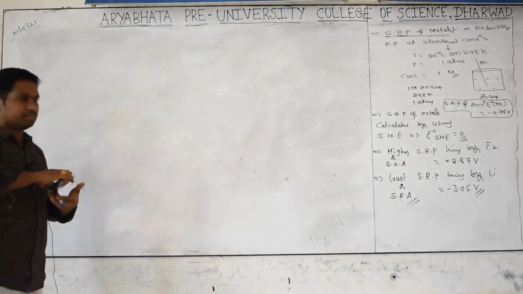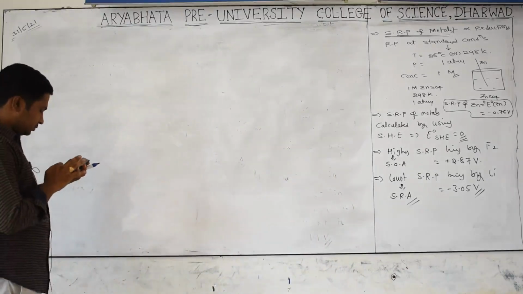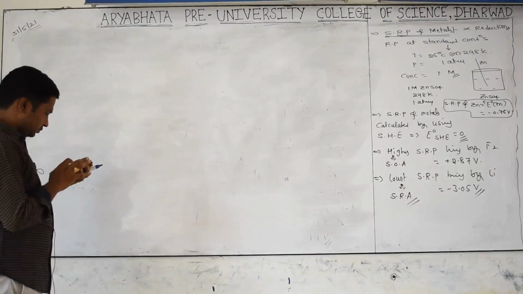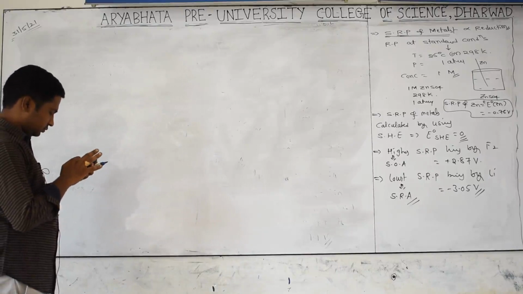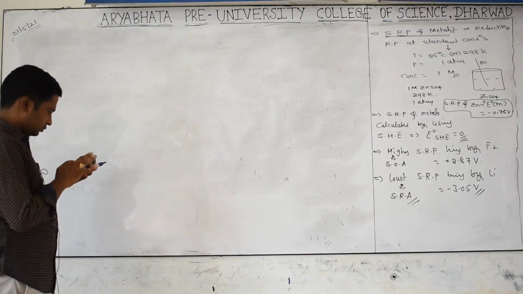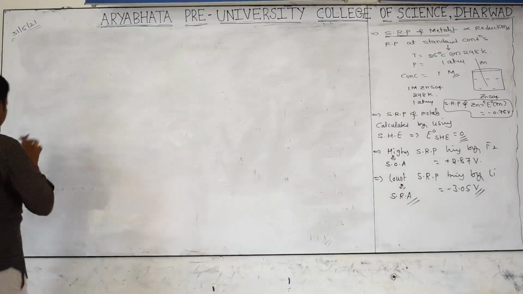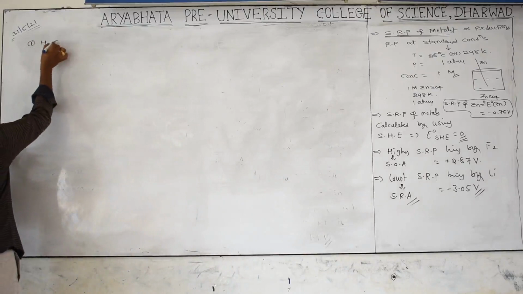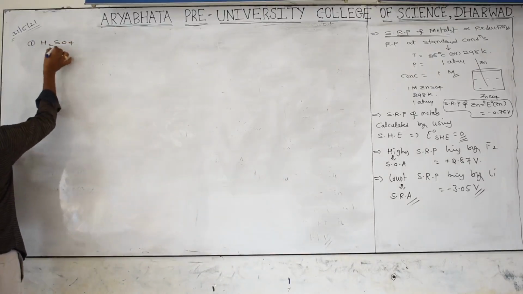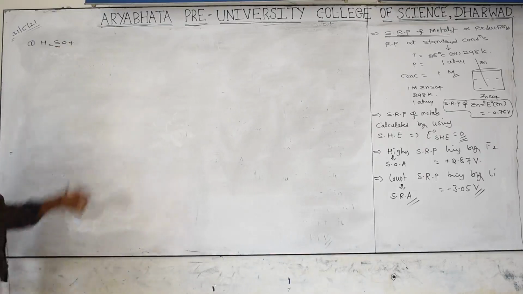Just see. Find out first, the oxidation number of sulfur in H2SO4. I want to find out the oxidation number of sulfur in H2SO4.